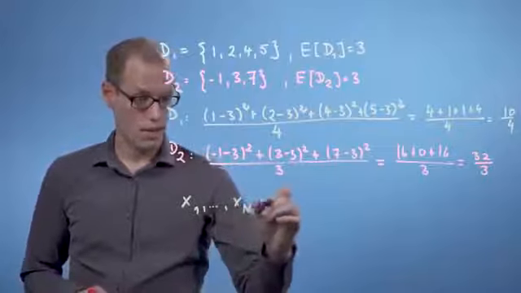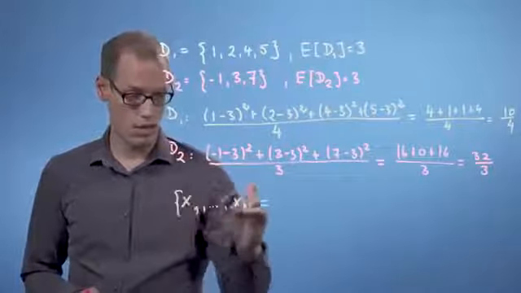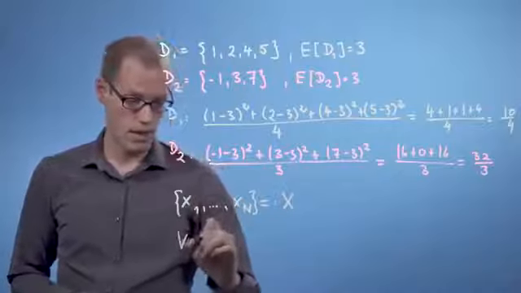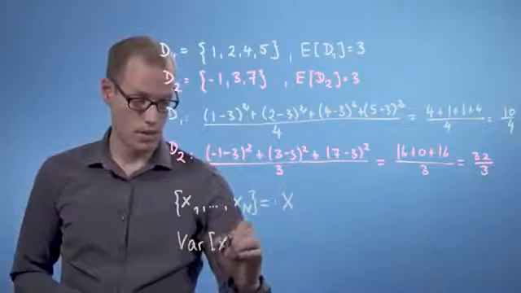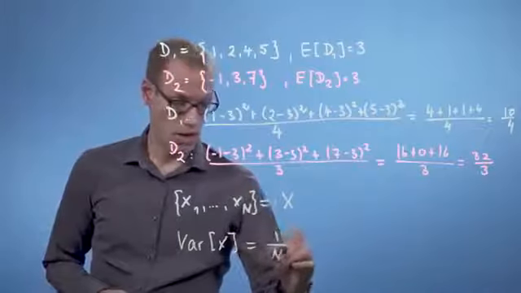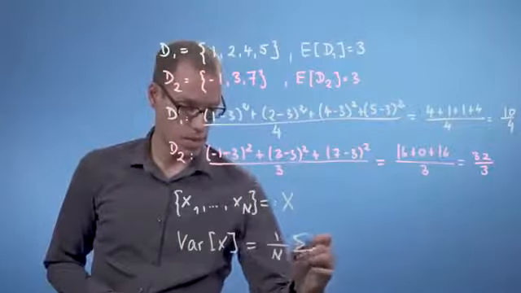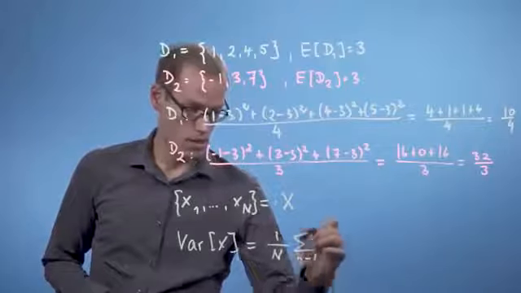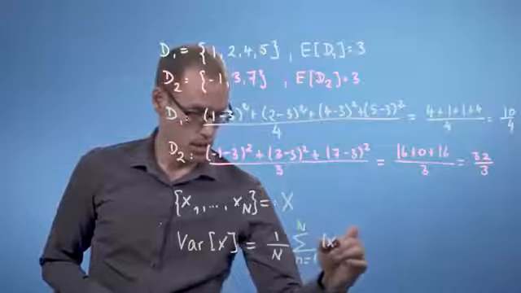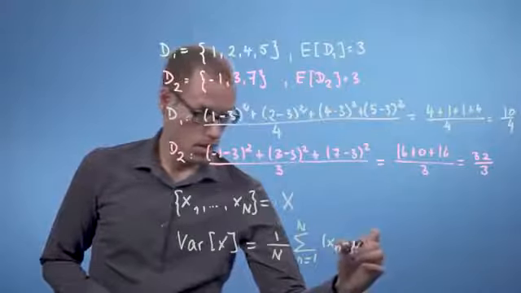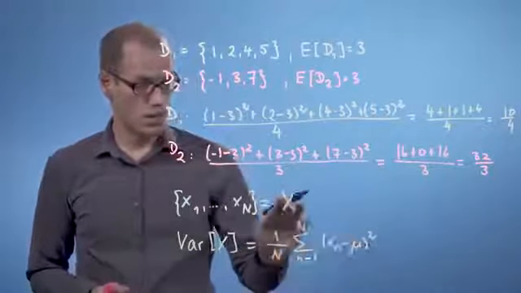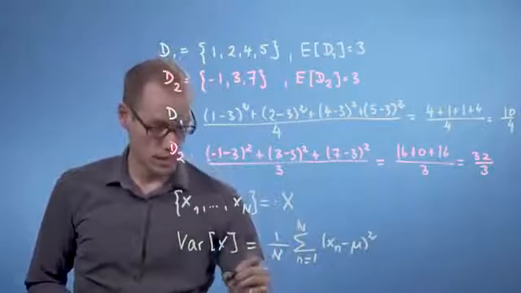We define this to be our data set X, and we define the variance of this data set to be 1 over N times the sum of small n equals 1 to big N of (xn minus mu) squared, where mu is the mean value of the data set X.